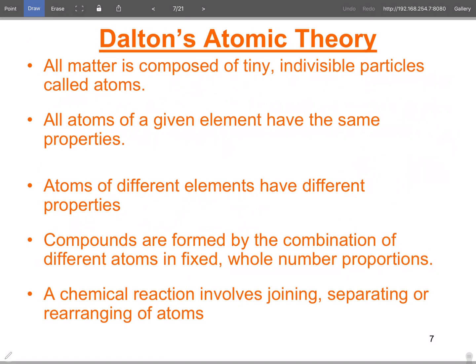Now, the next guy to come forward was John Dalton. And John Dalton gets a lot of credit for things because what he did was he took Lavoisier's law and Proust's law and a lot of the other reigning theories of the day and combined them all.